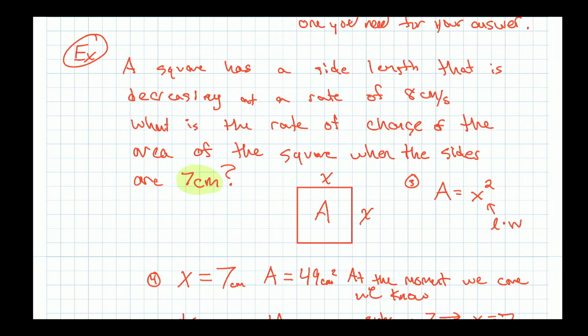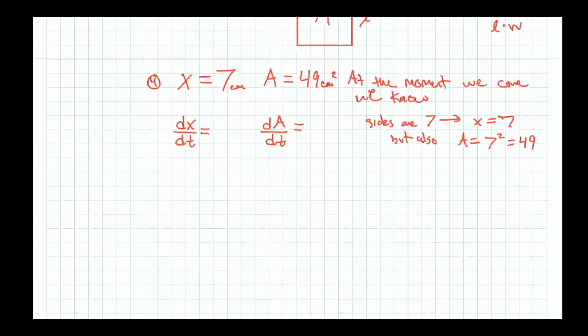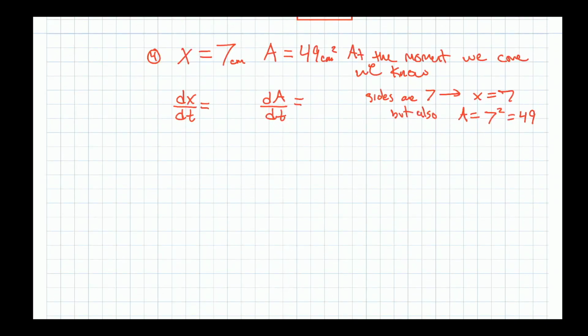A square has a side length that is decreasing at a rate of 8 cm per second. So when they give you a rate, they're telling you a derivative. So sides are 7, x is 7, but also A is 49. But then they say rate of sides is negative 8 cm per second.